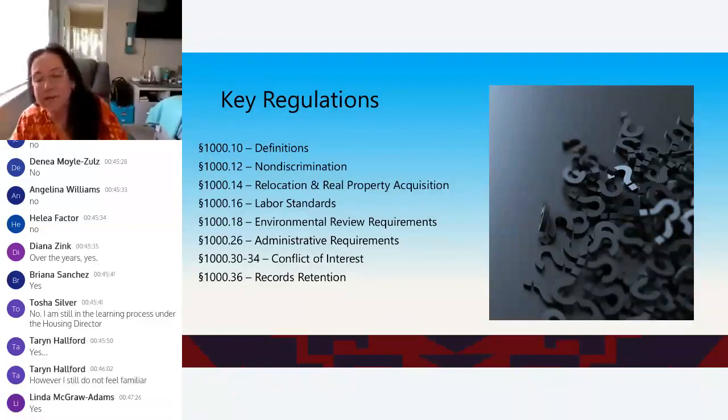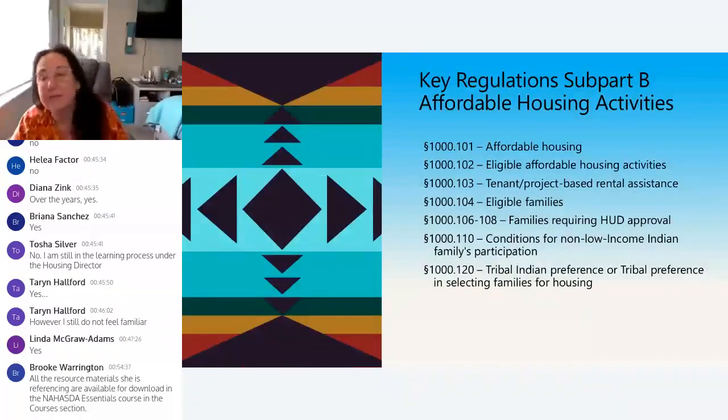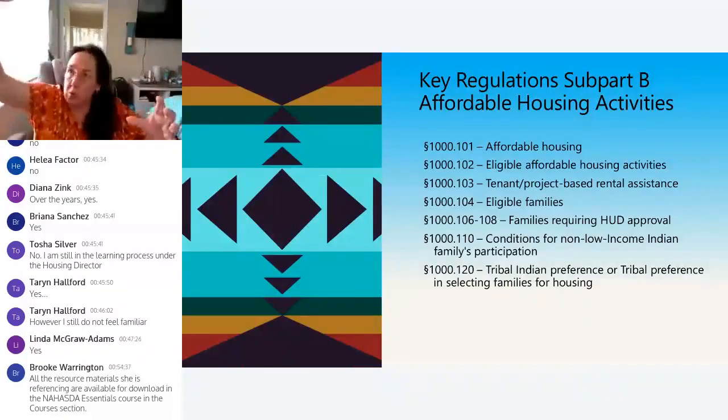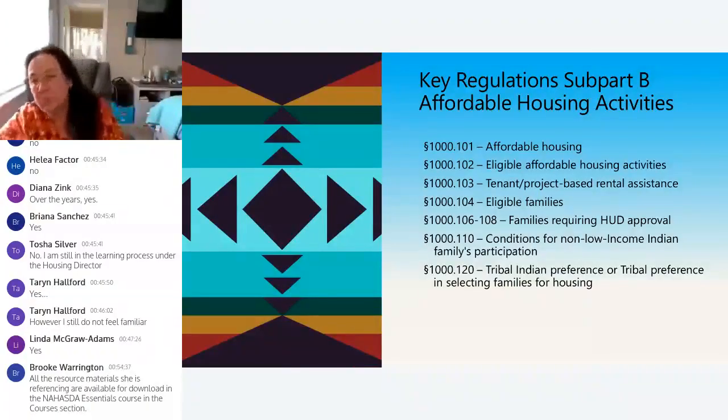Conflict of interest when it comes to admissions, 30 through 34. Record retention, how long we have to keep what documents, you can find at 1036. And 36 to 101, there are still regulations there. This is just some of the key ones that I jumped to.